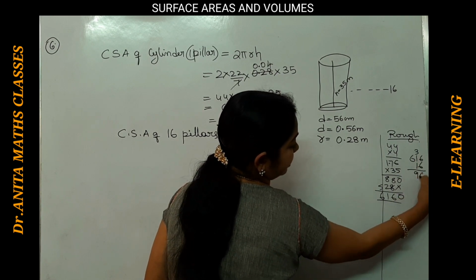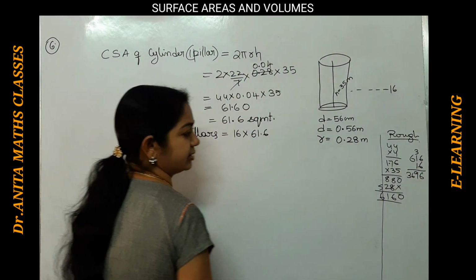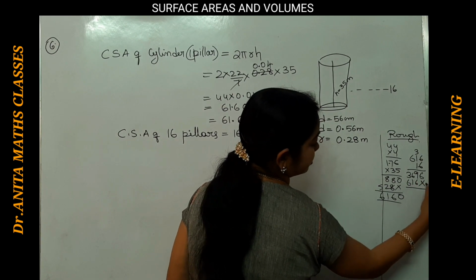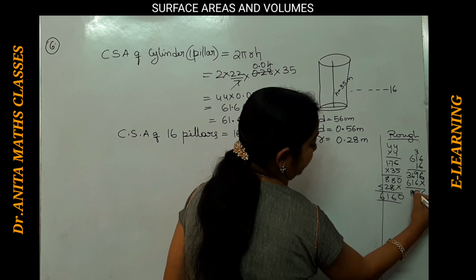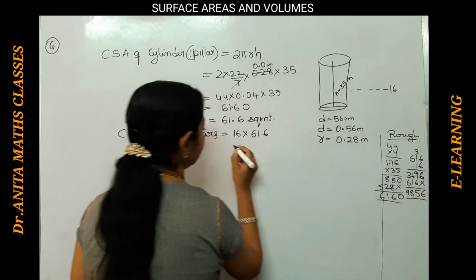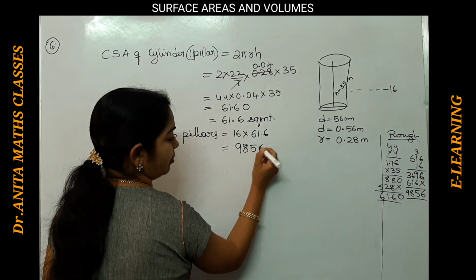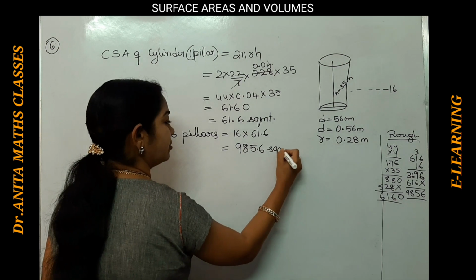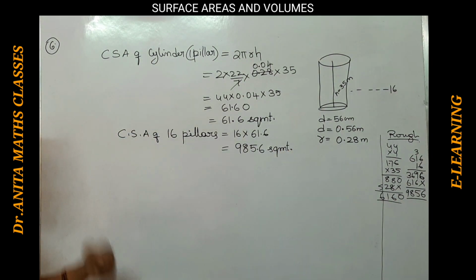That comes to 9856, with one digit after the decimal point. So this much, 985.6 square meters, is the curved surface area of all the 16 pillars.